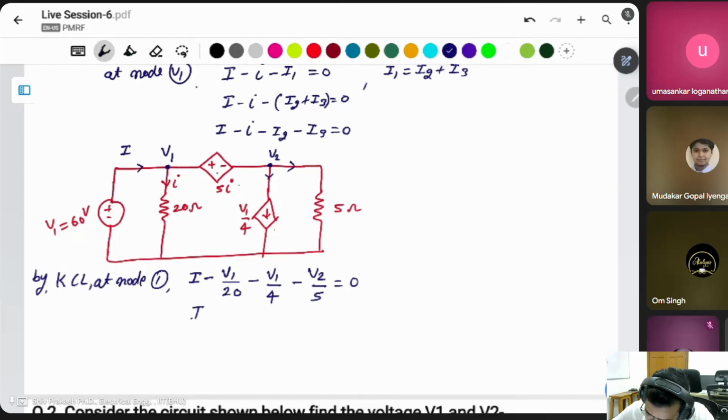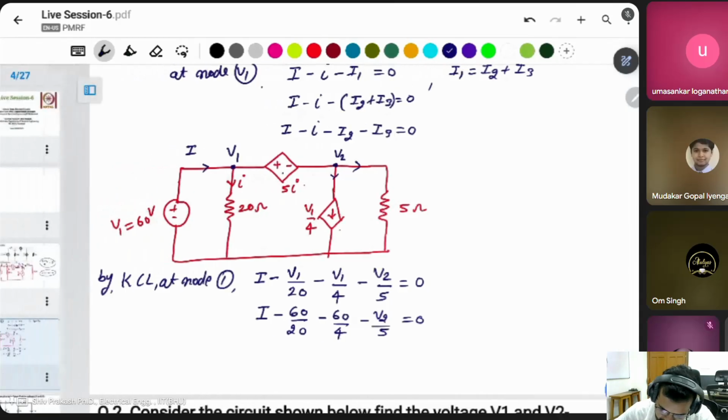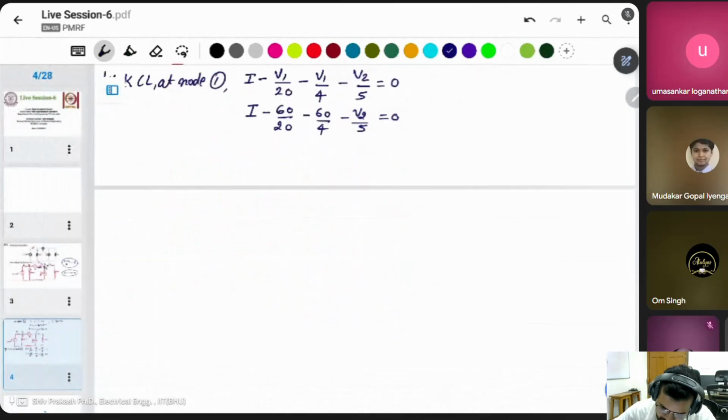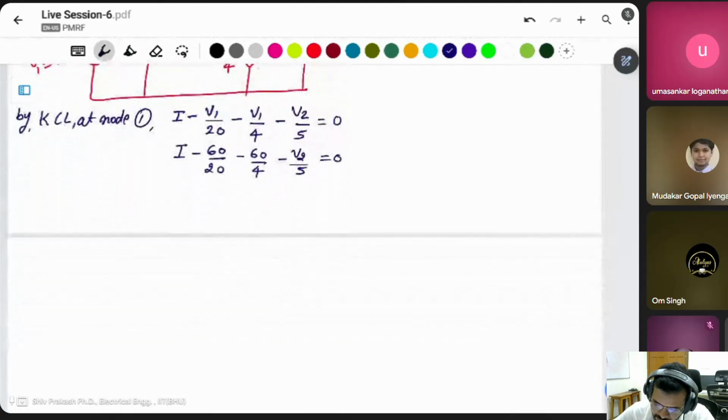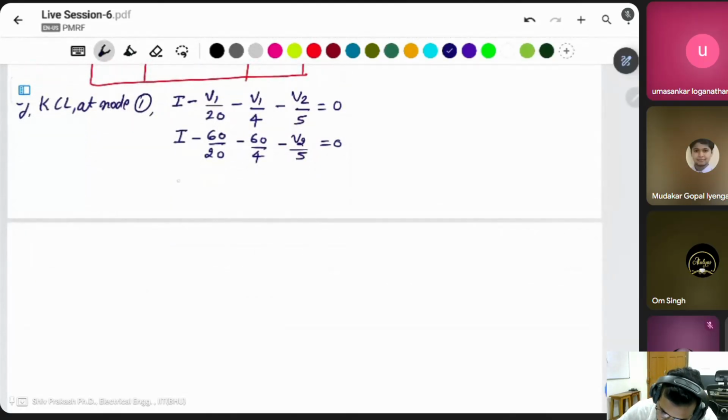Then this will be I minus 60 by 20 minus 60 by 4 minus of V2 by 5 is equal to 0. This will be I minus 3 minus 15 minus of V2 by 5 is equal to 0.